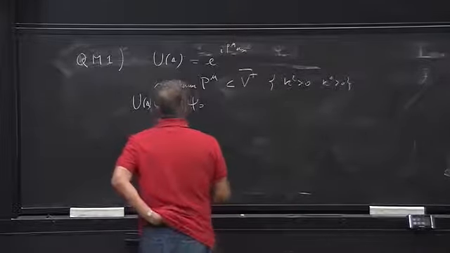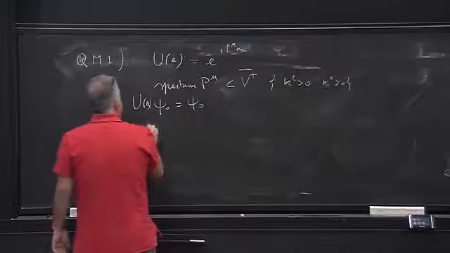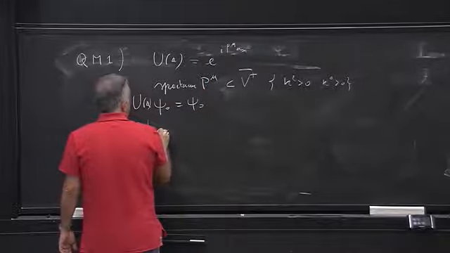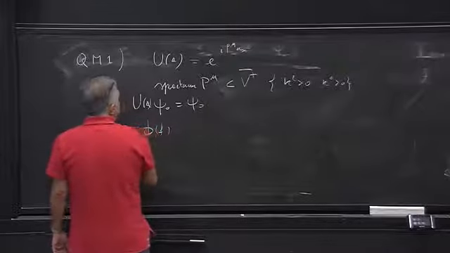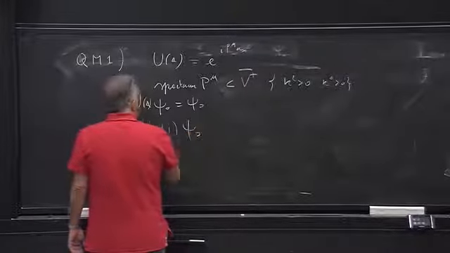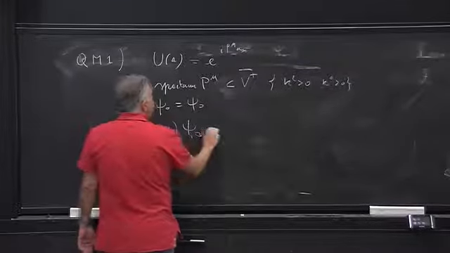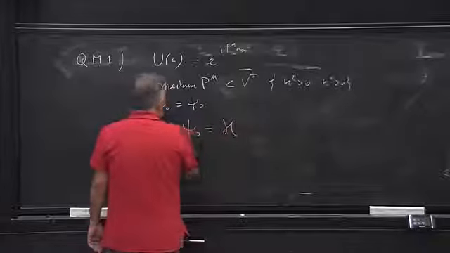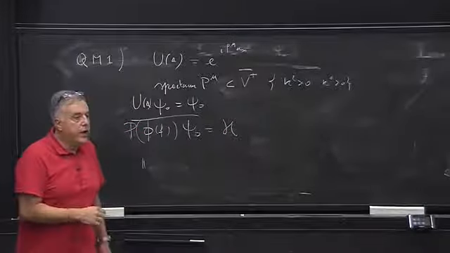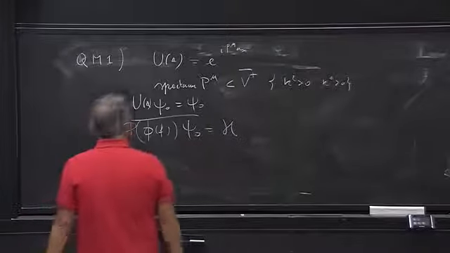Your field should be a complete set of observables. If you apply polynomials in the fields to the vacuum, this should generate the whole Hilbert space. So you have a complete set of observables in your theory.